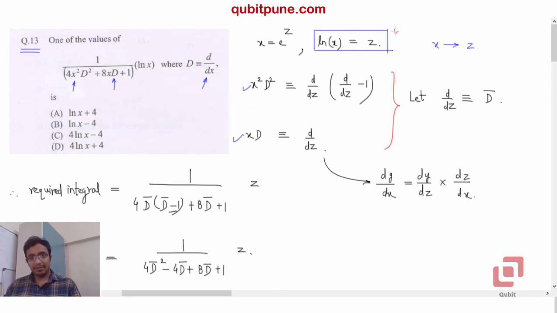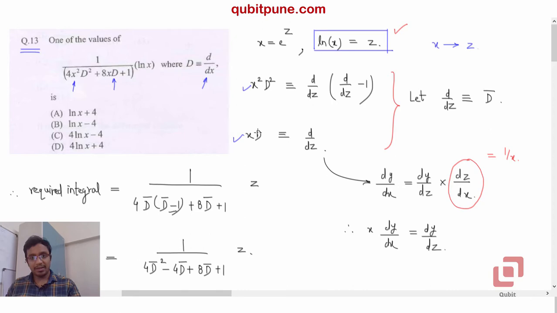Look at this substitution that we have chosen: from this, dz by dx is 1 upon x. So this 1 upon x, when brought to the left hand side, will give us x dy by dx equal to dy by dz.